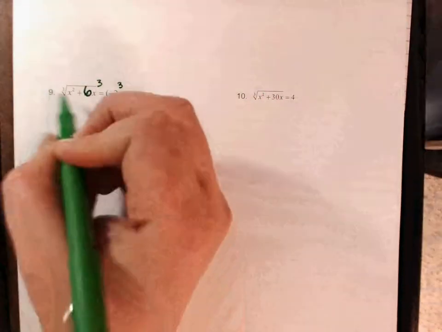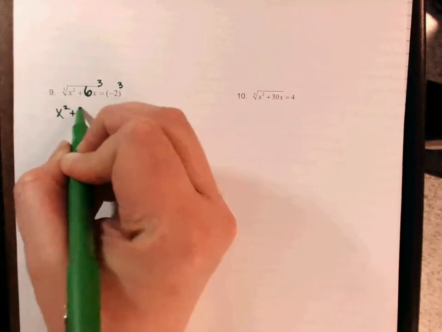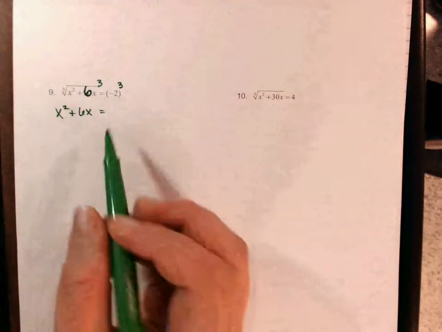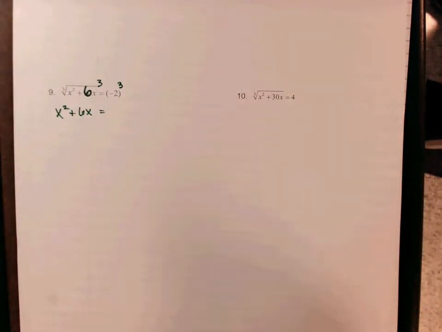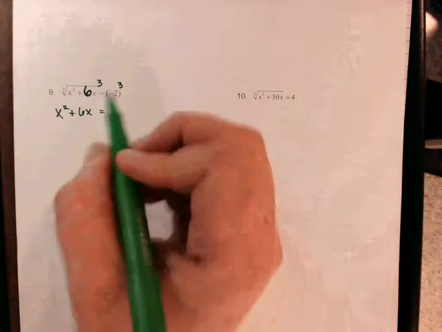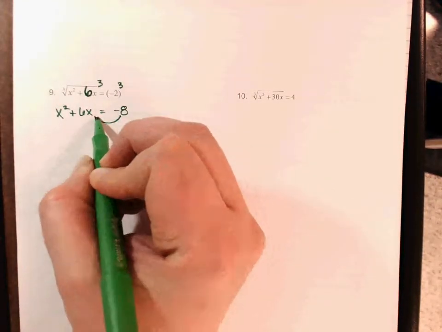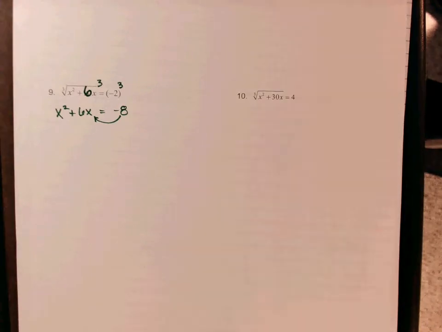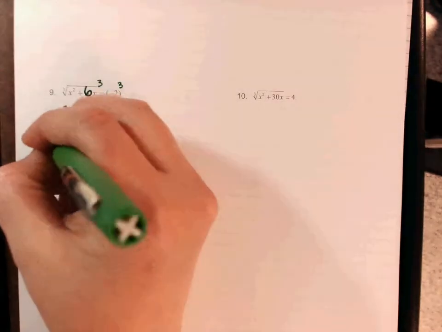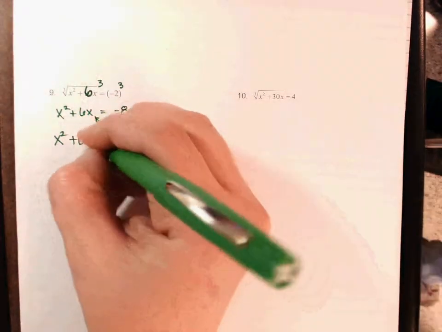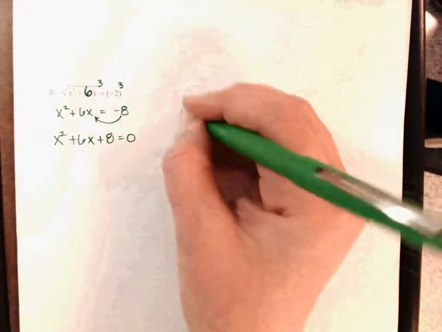Okay, so you cube. So you got x squared, 6x, and then what about on that side? Yep. And then you'll move that over here. And if it was minus on that side, when you move it over, it's a plus. Yep. And then from there, you t-chart.